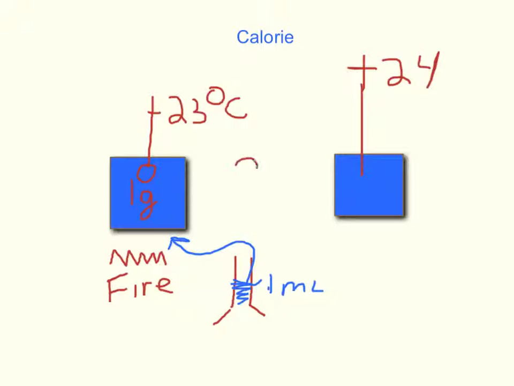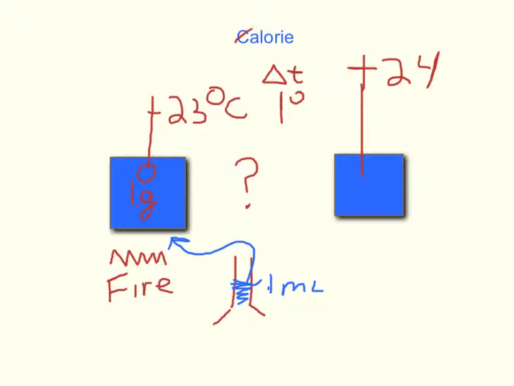Well, how much energy is that? It turns out that to take 1 gram of water from 23 to 24 degrees, in other words, a change in temperature, delta T, of 1 degree Celsius, it takes exactly 1 calorie.